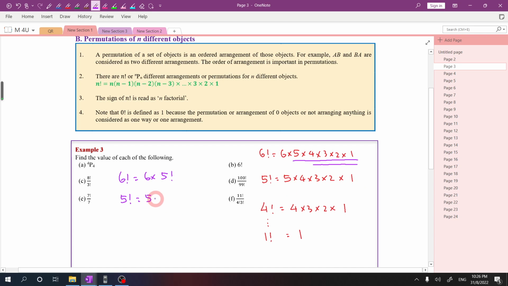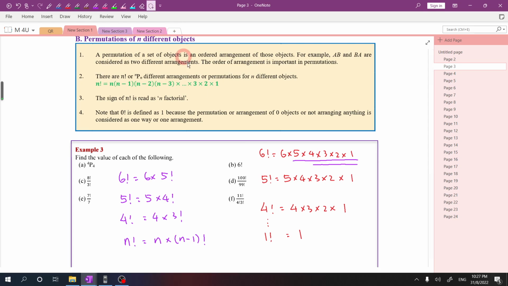How about 4 factorial? It is actually equal to 4 times 3 factorial. Okay, from here we actually know that n factorial is equal to n times n minus 1 factorial.